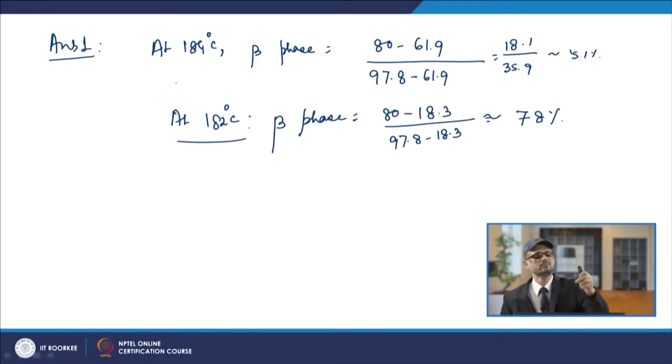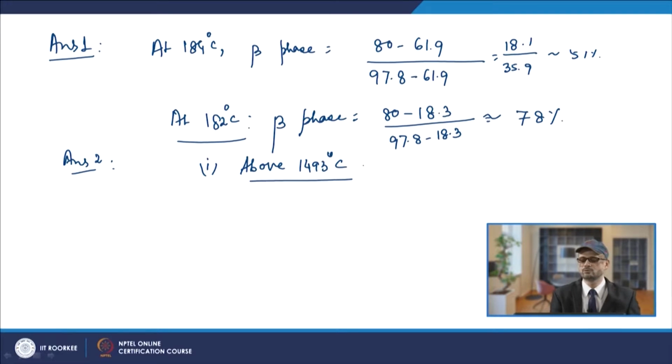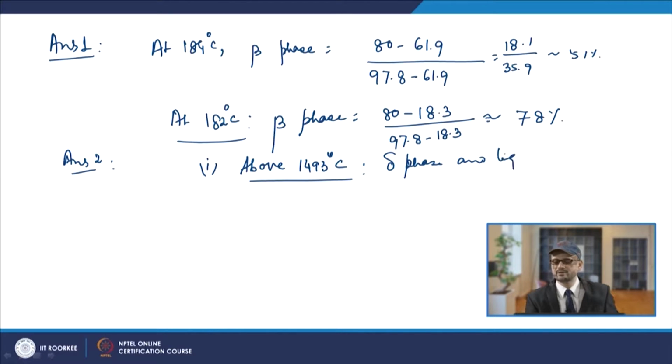So, if you go to the answer for question 2, then for first, above 1493 degree centigrade, you have two phases. One is delta iron, delta phase, and another is liquid iron. Now, for delta, as you see, delta is towards left.